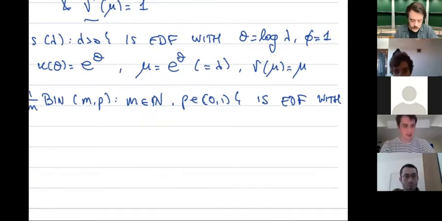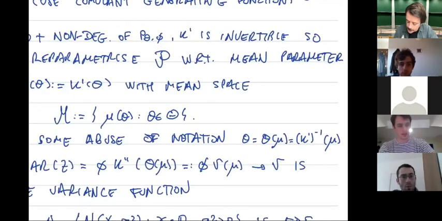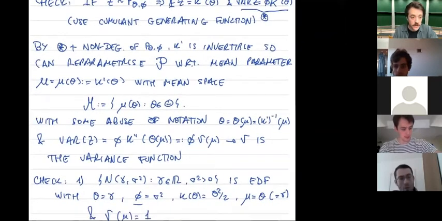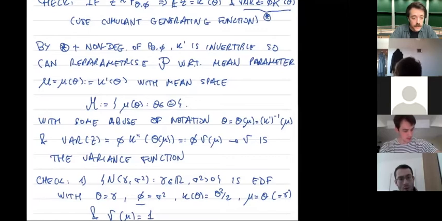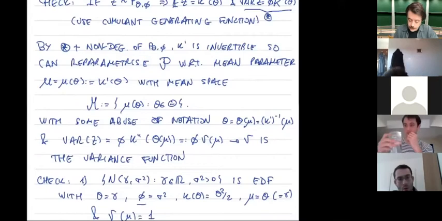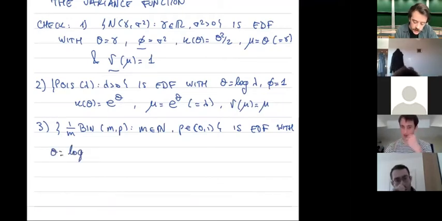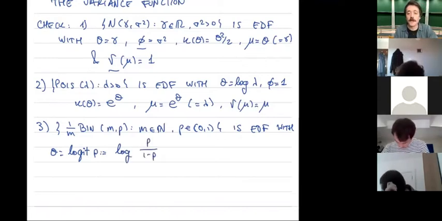Okay, so the natural parameter being the logit function of p. And if you haven't seen this function, this is simply the logarithm of p over 1 minus p.